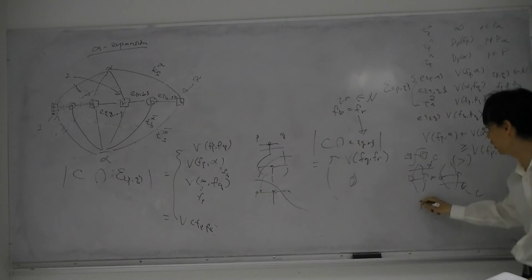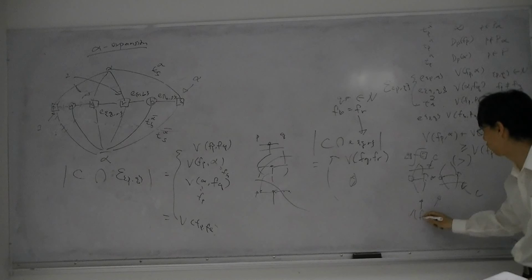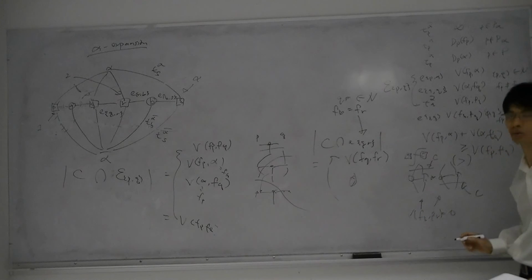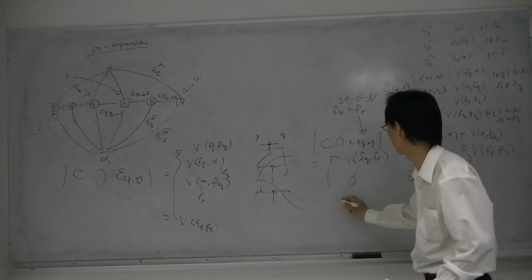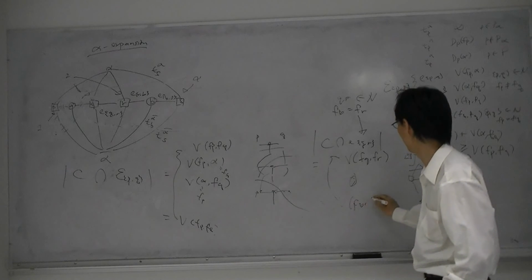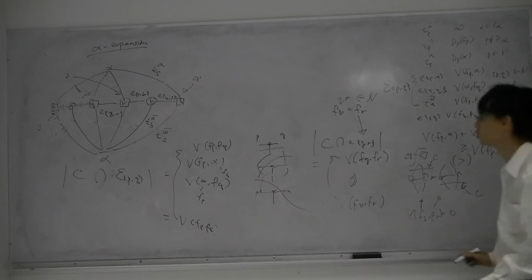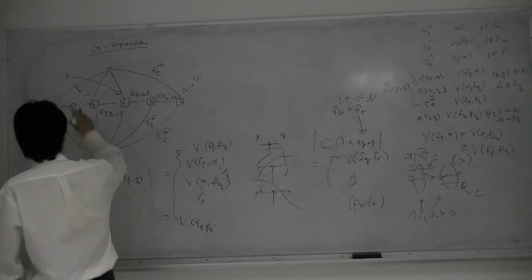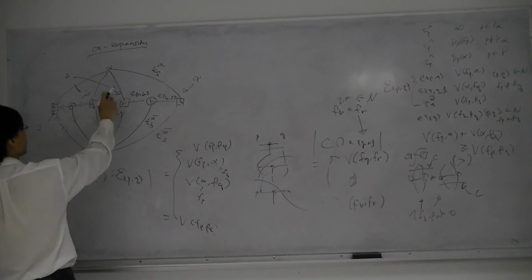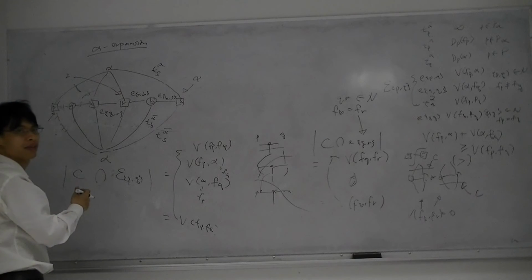So for both cases, V, FQ, FR is equal to 0. Right? So again, this will be generalized to be FQ, FR. So, okay, now we have considered this set and the only thing left is this set, right?